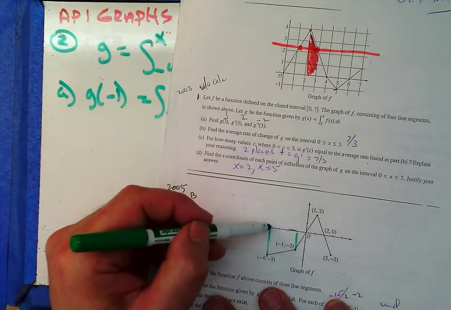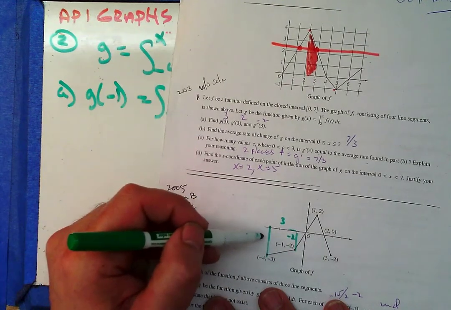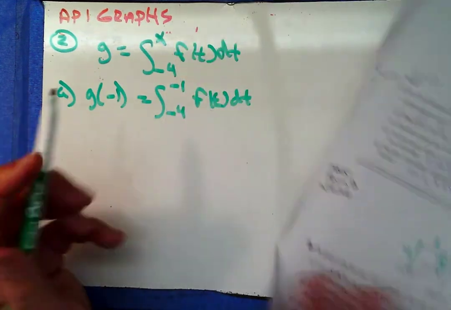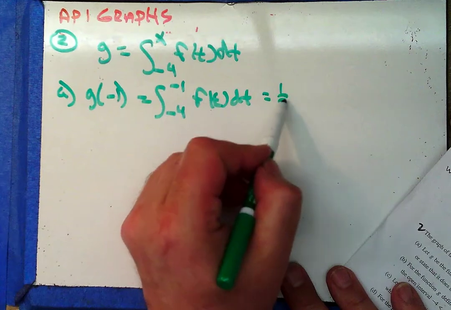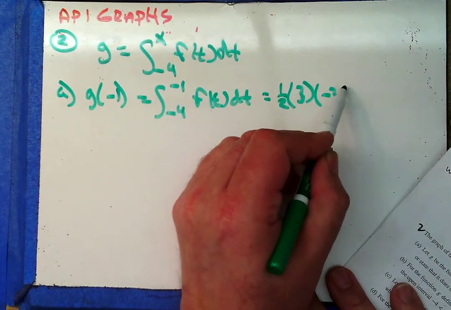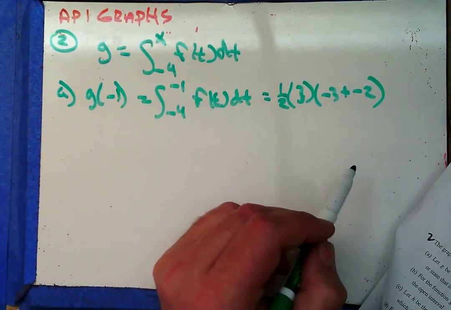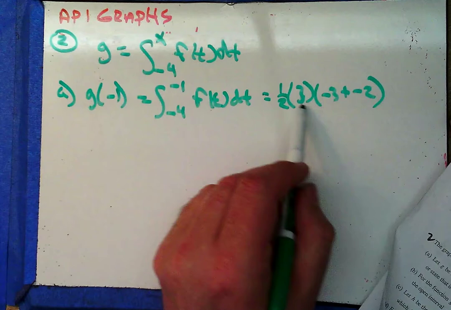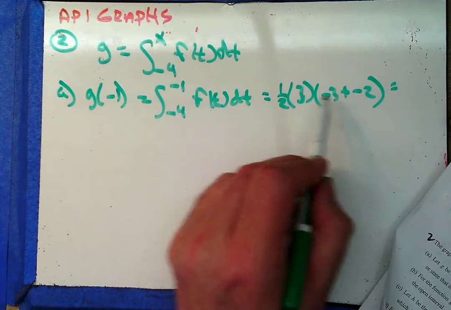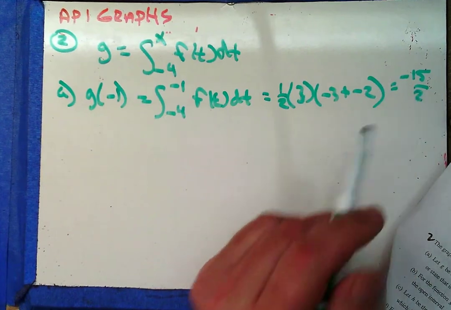The height of the trapezoid is 3. This base is -2. This base is -3. And so I've got 1/2 a height of 3, base 1 plus base 2. You could, of course, stop here and move along. I'm going to have -5 times 3 is -15 halves.